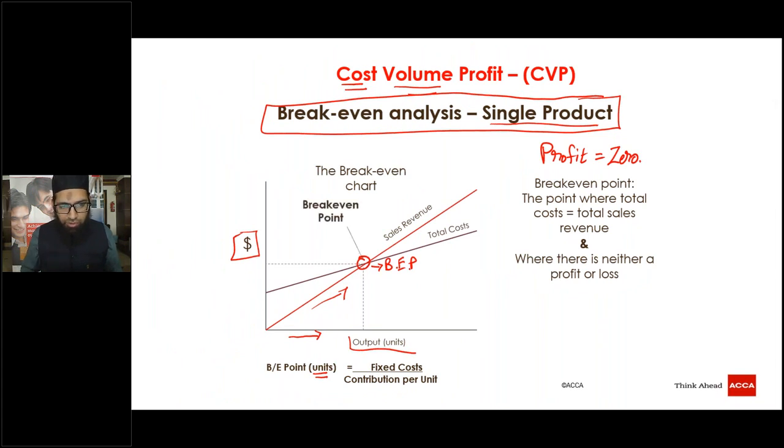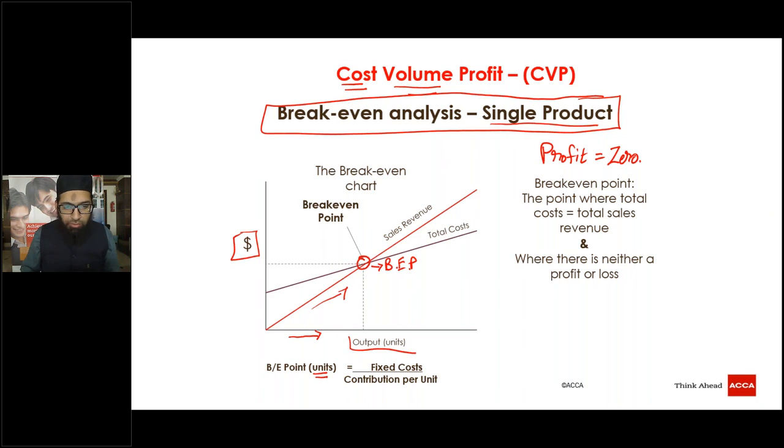So this is the break-even point. Is there any question up till now? Okay then.